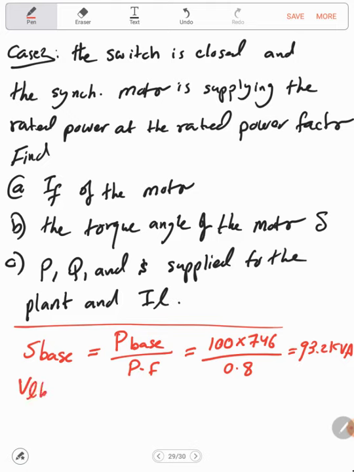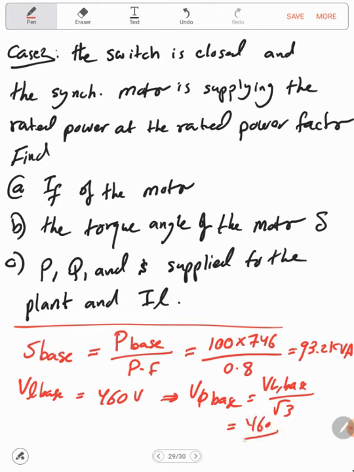Now V line base is equal 460 volt. So if we are interested in the phase, V phase base equal to V line base over square root of 3. So this will equal 460 over square root of 3, which is 266 volt. So from here we can calculate the base current.